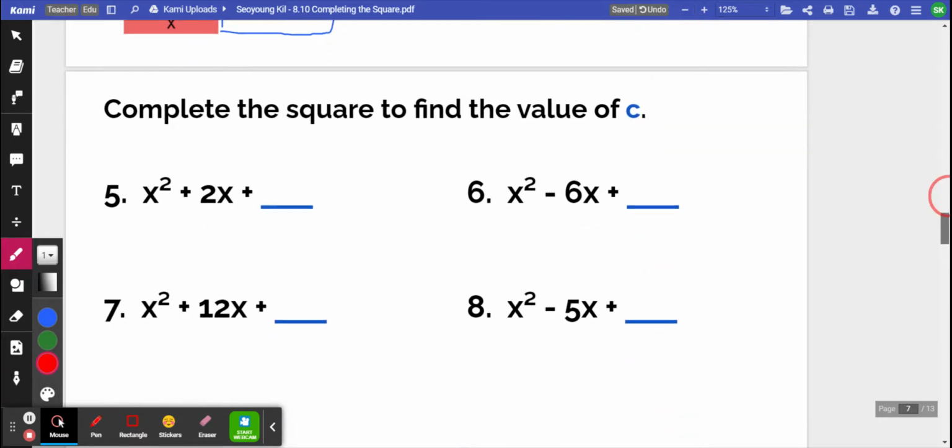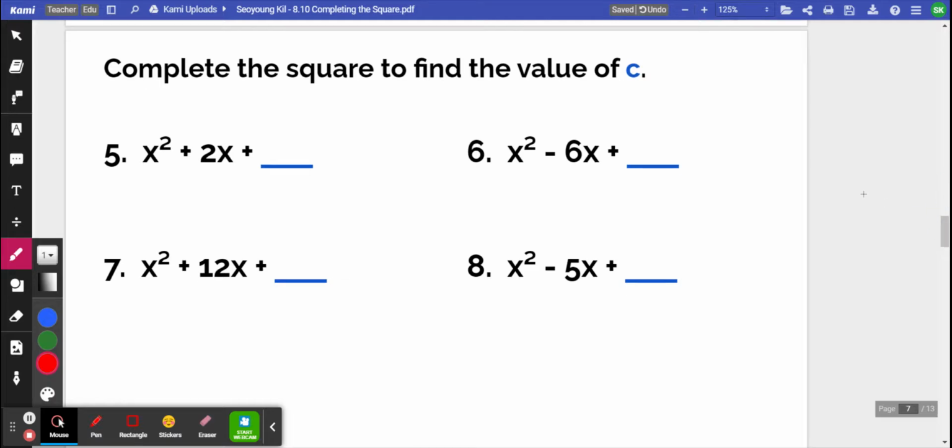Let's try some more, this time without diagrams. We know that to complete number 5, we would need to take this b term, find what half of this is, 2 divided by 2, which equals 1, and then I would need to square this, since 1 just gives me the side length of my square.